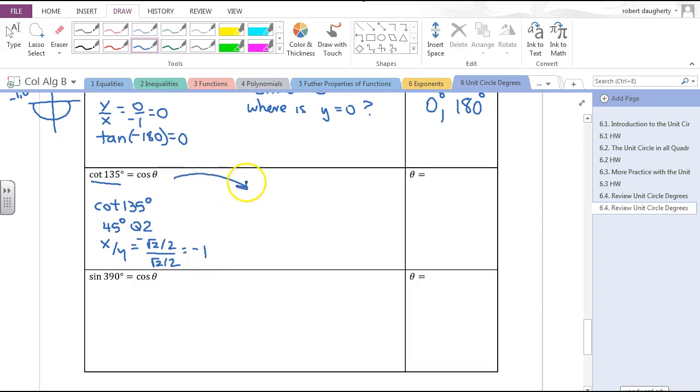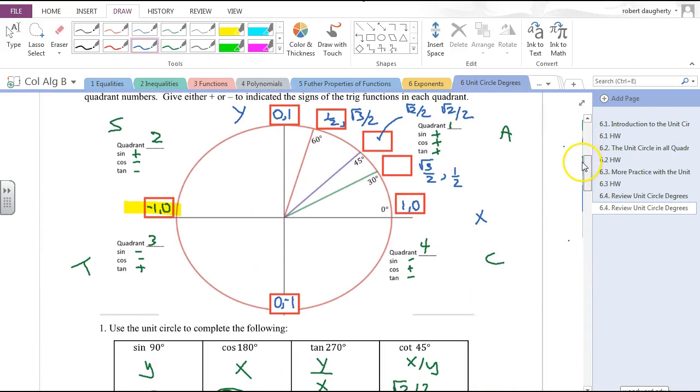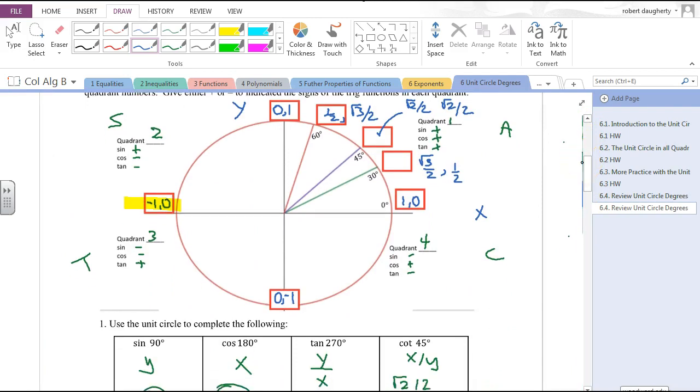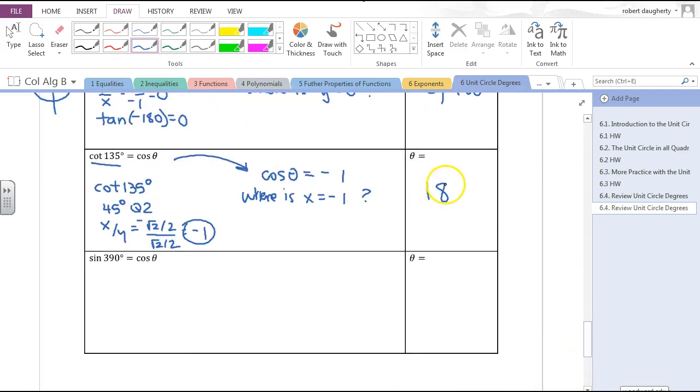Now this equation becomes cosine theta equals negative 1. Cosine is my x-coordinate. So where is x equal to negative 1? Go back to the unit circle. Where is the x value negative 1? That happens at 180 degrees. So this is 180 degrees.